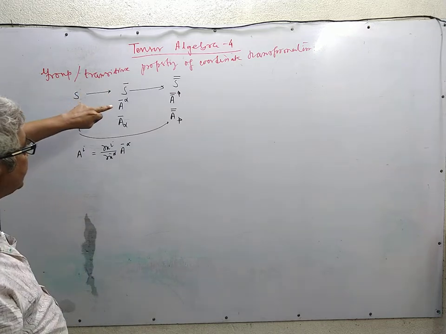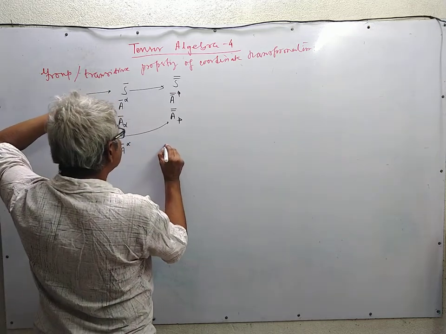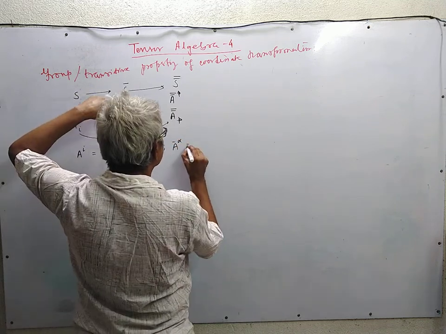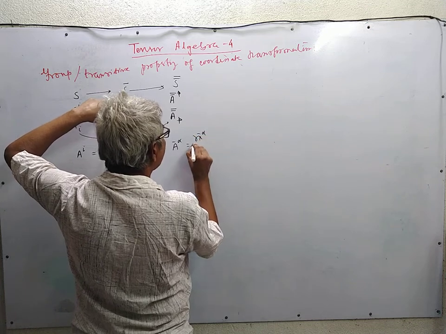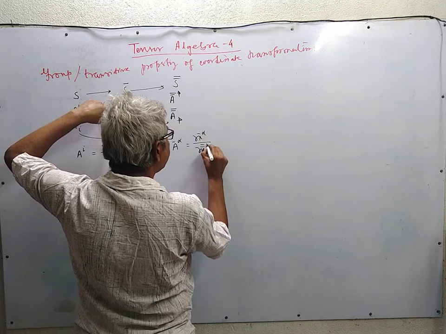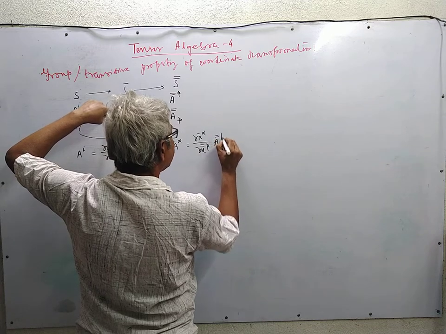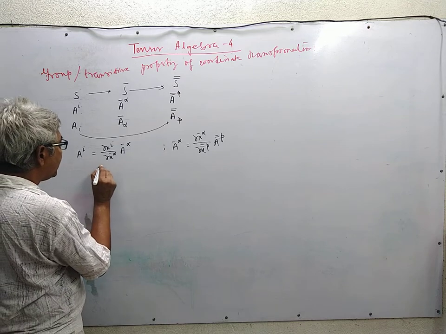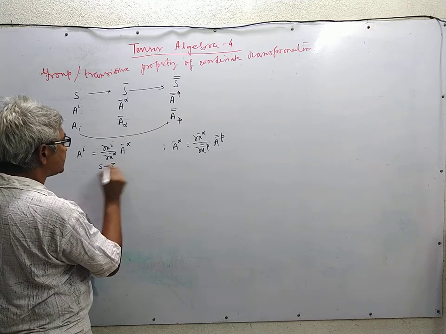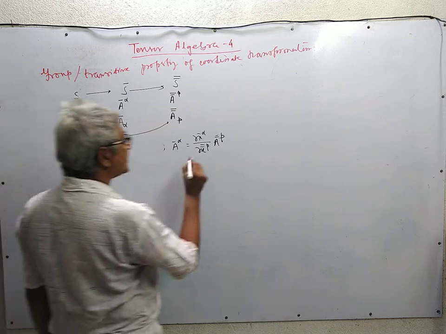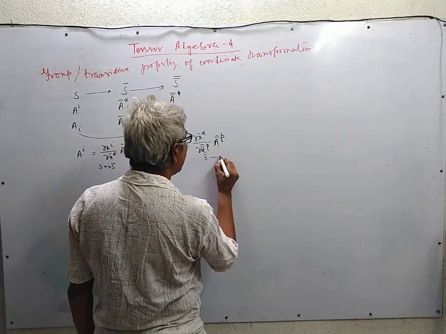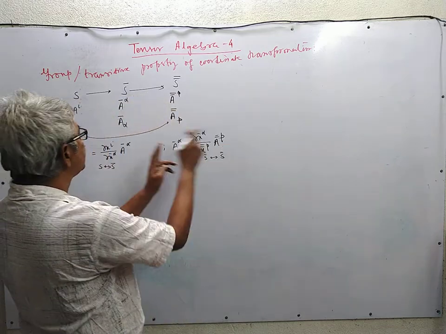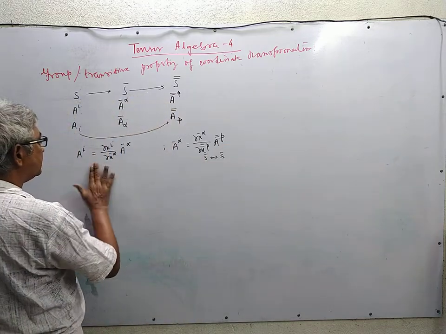And A bar alpha can be written as del x bar alpha del x double bar p A double bar p. This is the transformation relation between S and S bar, and this is the transformation relation between S bar and S double bar. So if we use this over here, what do we get?